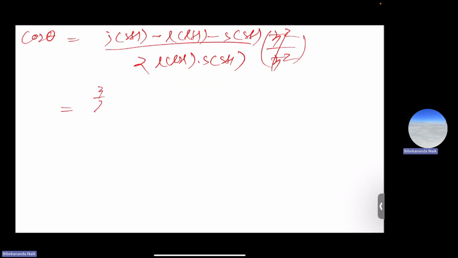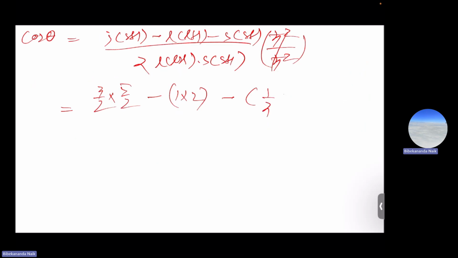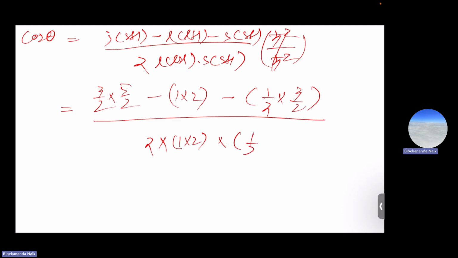So it is 3 by 2 into 5 by 2 minus 1 into 2 minus half into 3 by 2, divided by 2 into L into L plus 1, L is 1 into 2, into half into 3 by 2.